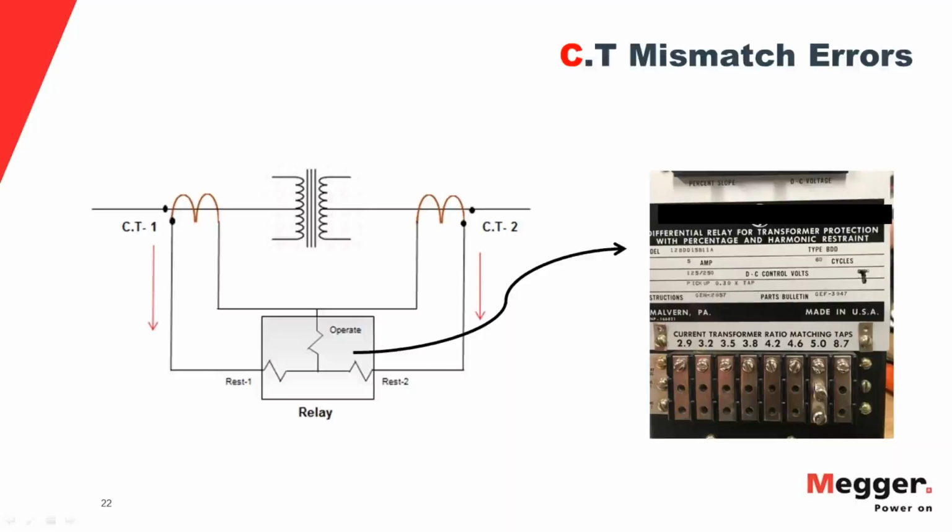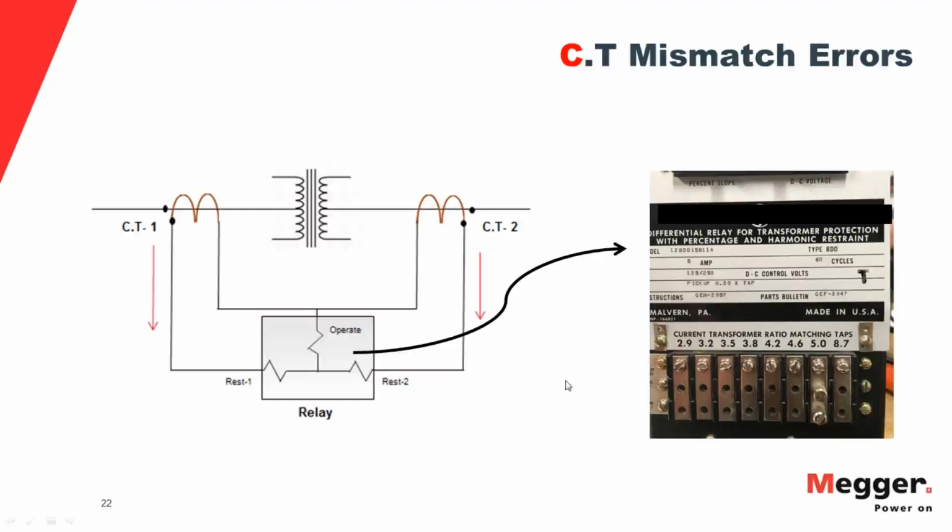As you can see, the taps are not continuous. They are fixed. So I only have 2.9, 3.2 till 8.7, and we'll see a problem if your tap value comes out somewhere not in these values.